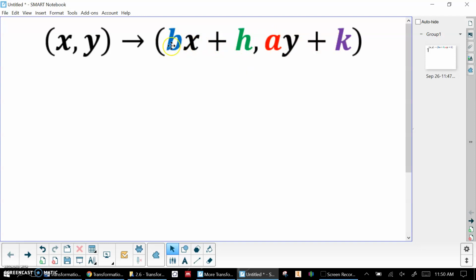So b is the dilation factor in the x direction, h is the translation in the x direction, a is the vertical dilation factor, and k is the vertical translation. Just like order of operations, the dilation happens first, then the translation, because the multiplication happens before the addition.